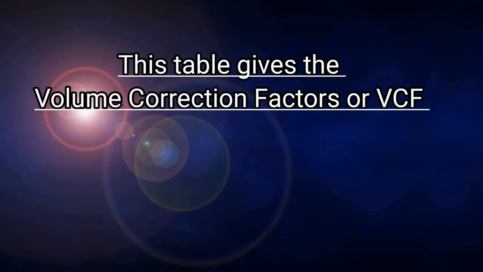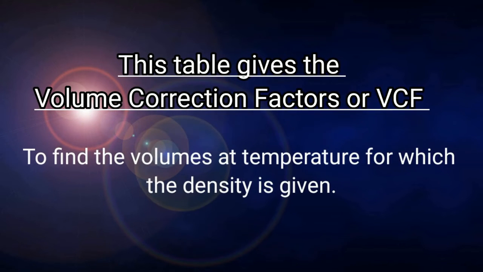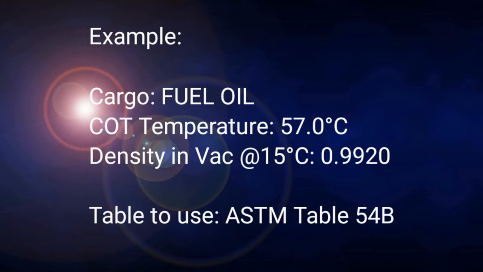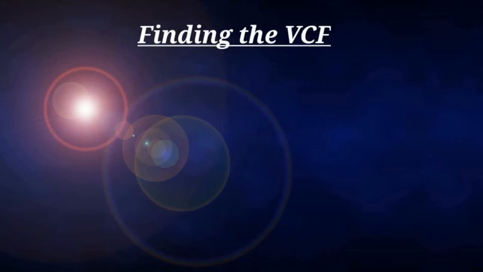This table gives the volume correction factors, or VCF, to find the volumes at the temperature for which the density is given. Let's say we have loaded fuel oil and the cargo surveyor provided a density at 15 degrees Celsius of 0.992, and we will use table 54B. So first we need to find the VCF.